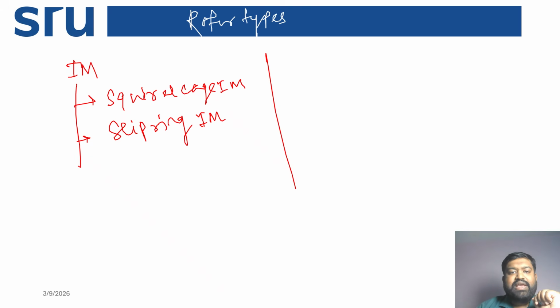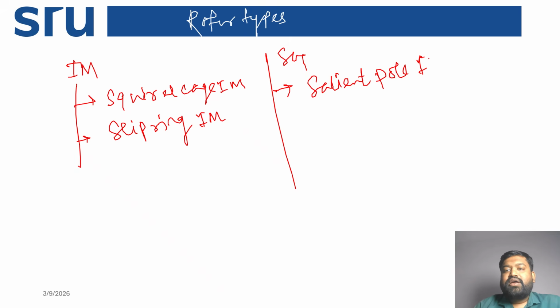In the synchronous generator, the rotor types are similar and broadly divided into two types. One is the salient pole rotor.